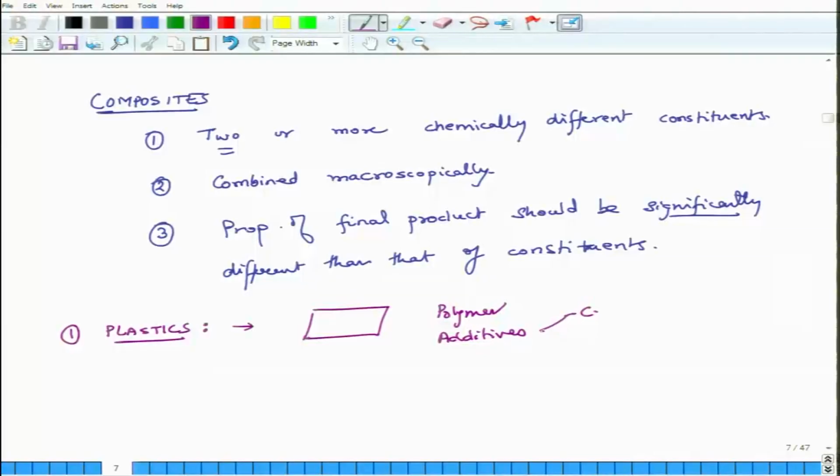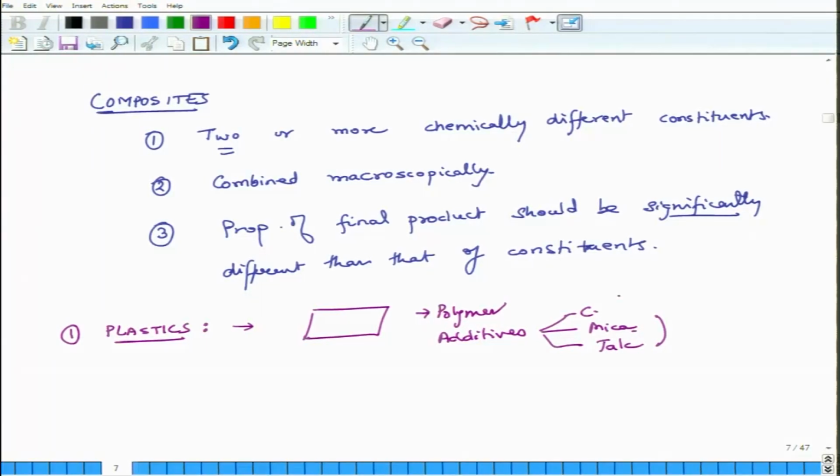Or it may have other additives like mica or talc and things like that. Sometimes they add these materials to improve some of the characteristics of the material, or in other cases they just add them to fill up the volume, because they want to use less polymer and still fill up the volume. So, they put mica, talc, things like that.